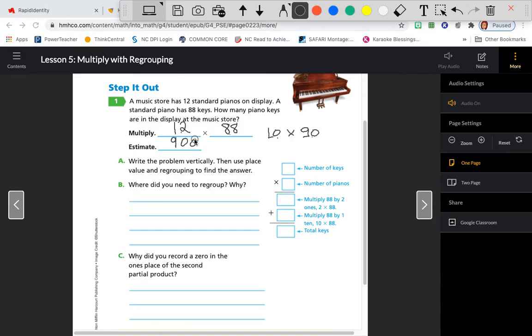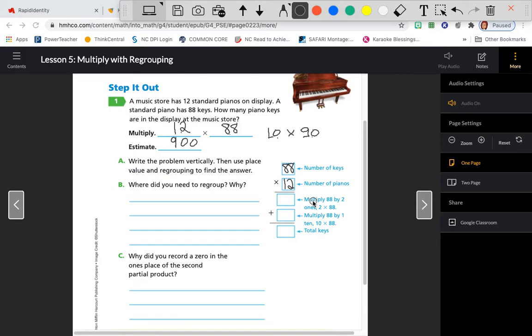All right, now it says A, write the problem vertically. Then use place value and regrouping to find your answer. So here they want us to put the number of keys, which was 88, and then the number of pianos is 12. Now the first step, they want us to multiply 88, that top number, by 2 ones.